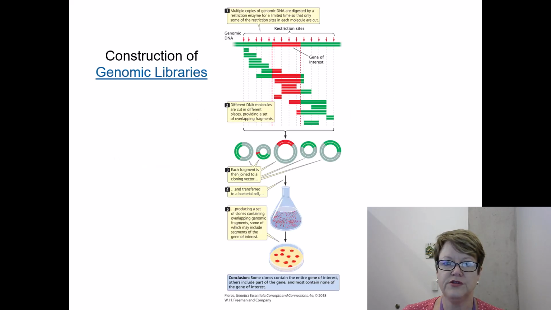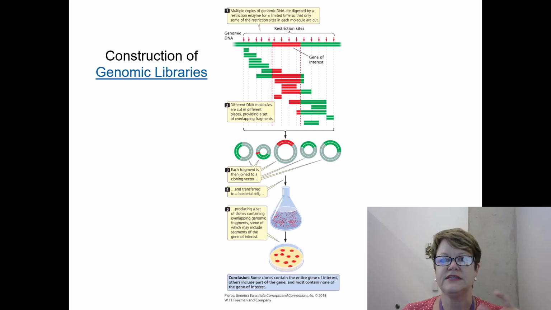So what you're doing when you make a library is breaking up the genomic DNA here into pieces. You're attaching each piece to different, well, they're all copies of the same vector. I don't know why they showed these all different. All the vectors are the same size, so I don't care for the way they did that.